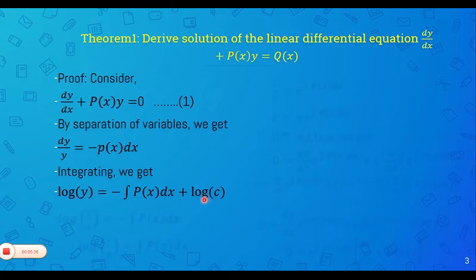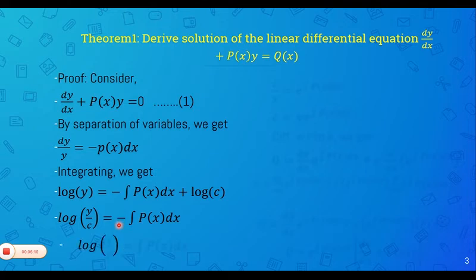Now this log of c is transferred to the left side, and we know the property of log, that is, log a minus log b is equal to log of a by b. Using that property we get log of y upon c is equal to integration minus p dx. Now take the reciprocal of this y by c, which we do to eliminate the minus sign.